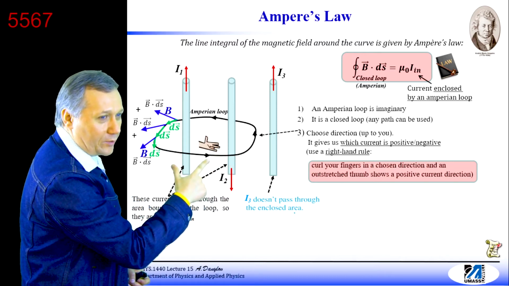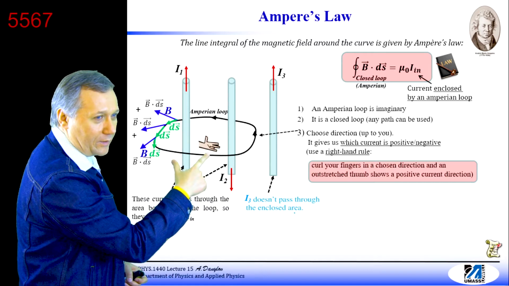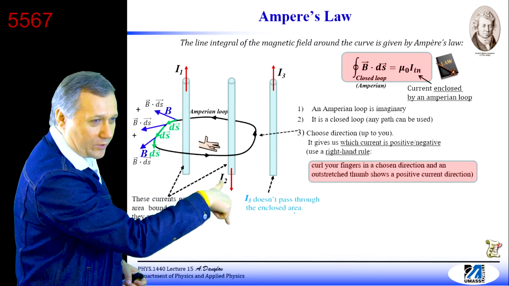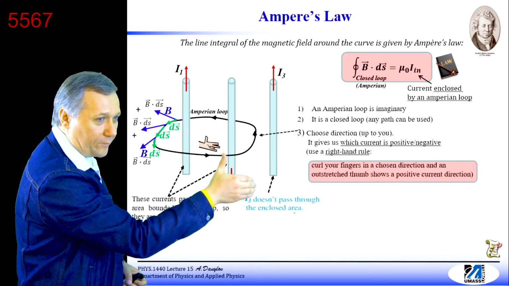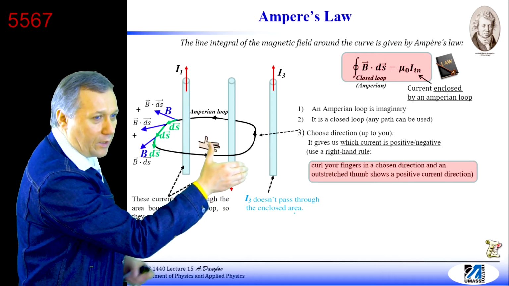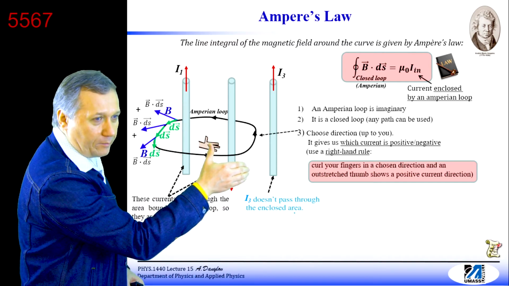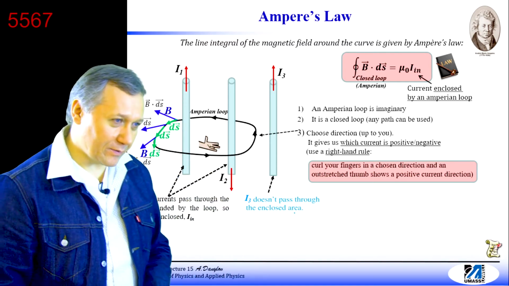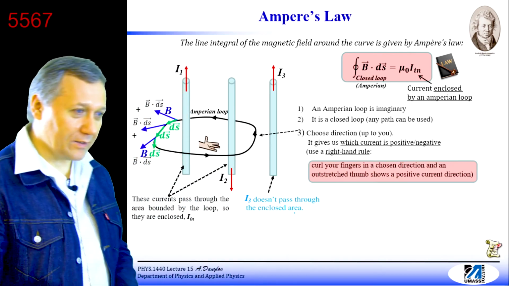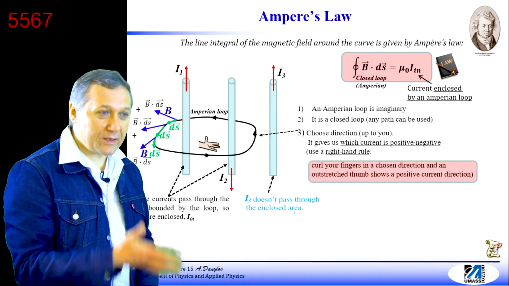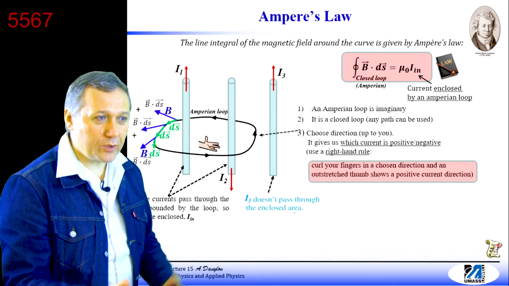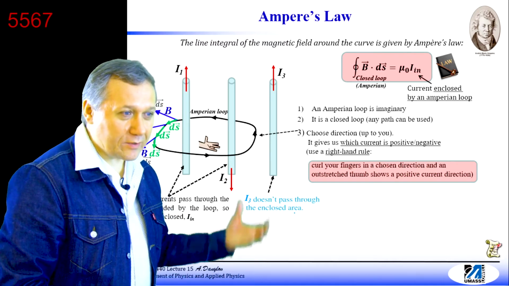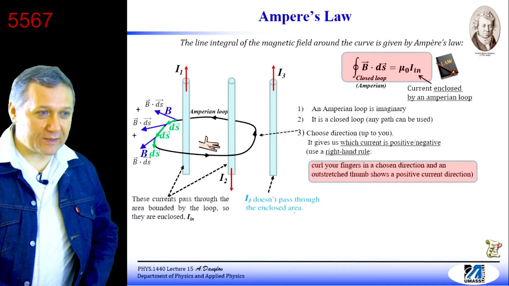So in our particular situation, you see I1 is up, so that current is positive, and I2, which is down, is negative. Again, you curl your fingers in the direction of the Amperian loop, and your outstretched thumb gives you the direction for a positive current. In this case, current I1 is positive, I2 is negative. Effectively, it's right-hand rule number 2, but applied in the reverse direction. Right. So that's how we can make a decision about the signs of these currents.